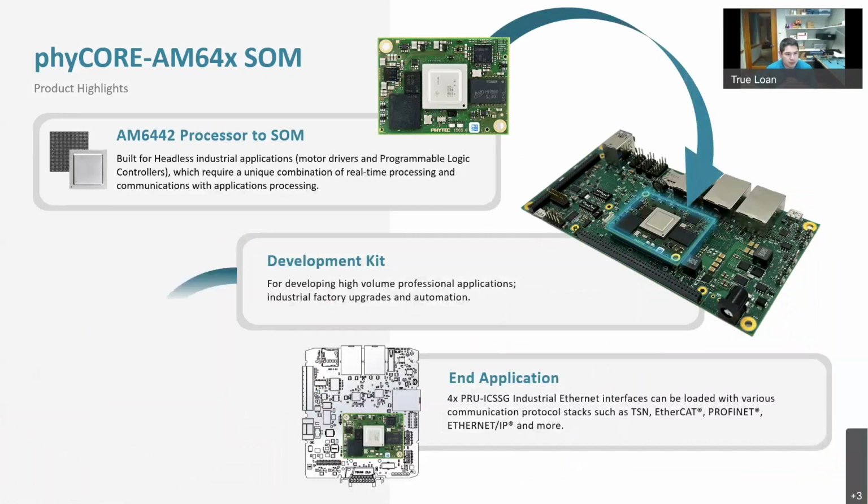So what we're going to be doing today is taking the SOM and painting the story of what you might be able to do as a customer working with this type of device. The idea is you take the SOM and work with it on our development kit. The development kit gives you all the reference circuits that you would need to support your SOM and make sure that it's powered successfully, boots, and does not give off too many electromagnetic emissions.